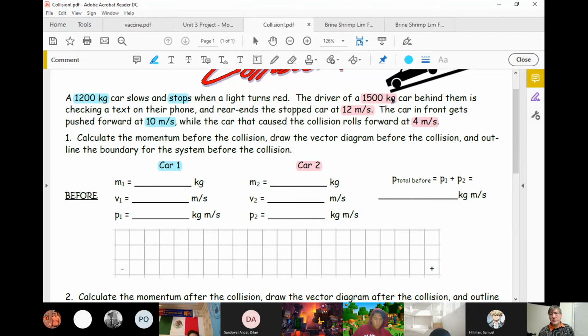And just in case you don't know, kilograms are bigger than pounds. So this car, it's basically multiply times 2.5, so it's like 4,000 pounds. This one would be about 3,000 pounds.